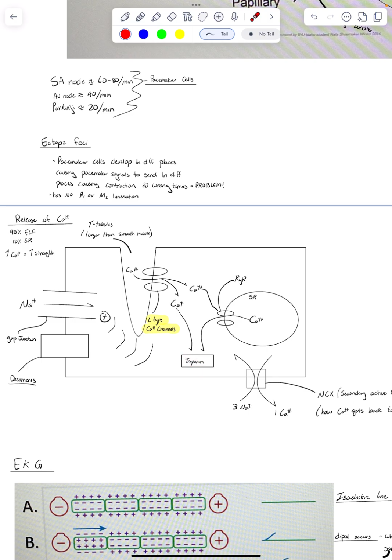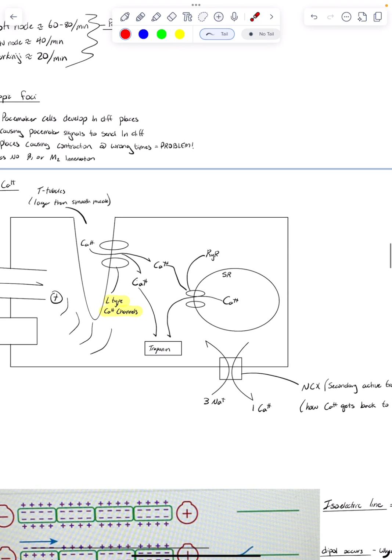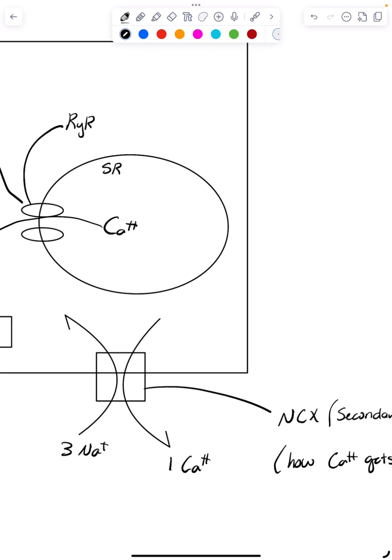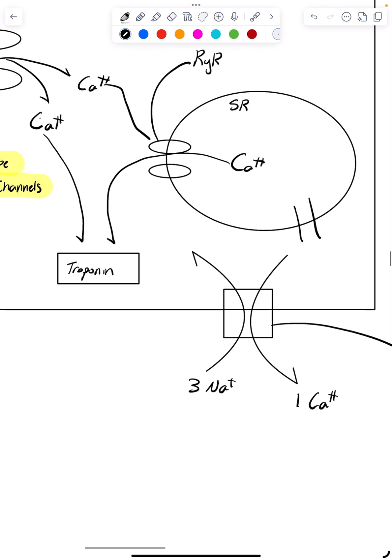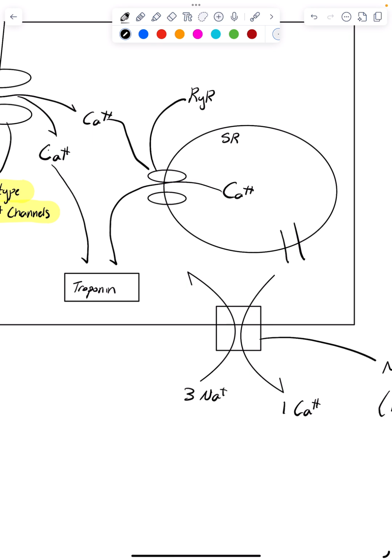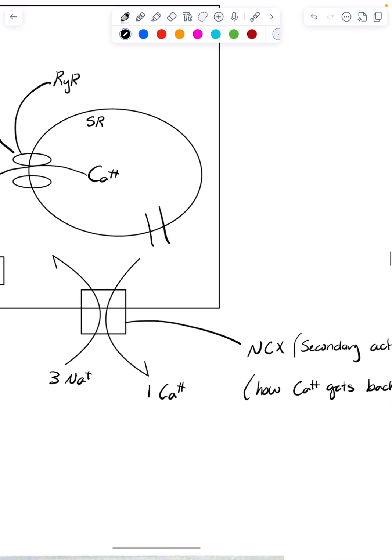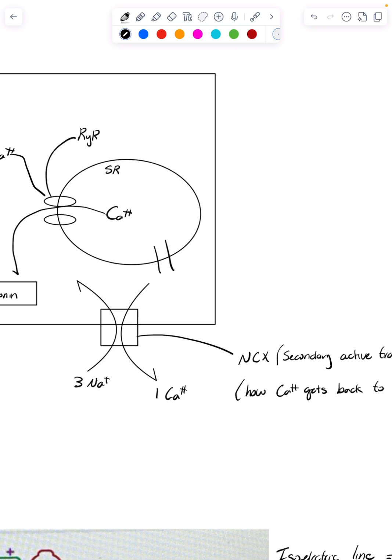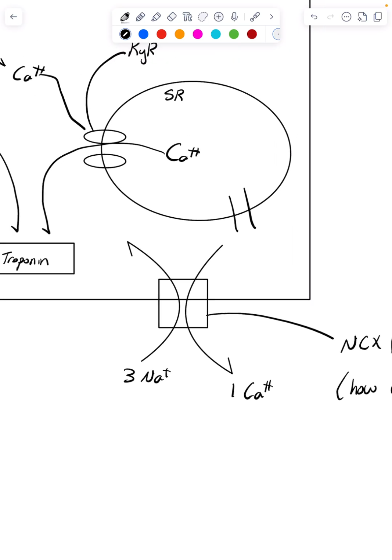The way we get calcium back out of the cell is through this NCX. It's a secondary active transport, and it's an antiport.